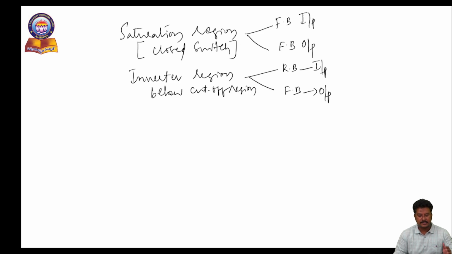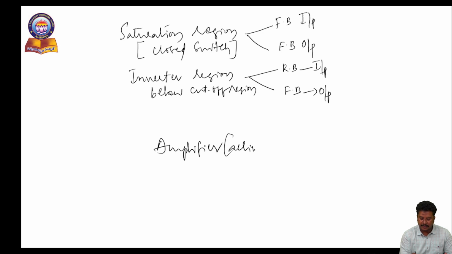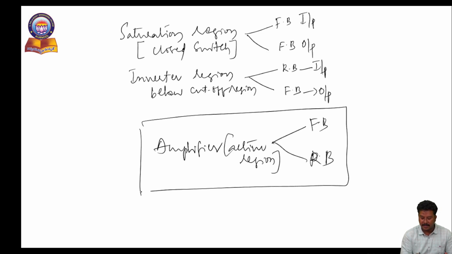So I am not concentrating on the saturation, cutoff and inverter regions. My interest is only to use the transistor as an amplifier, in the active region only, so that I can operate the input in forward bias as well as the output in reverse bias. This is my area of interest.